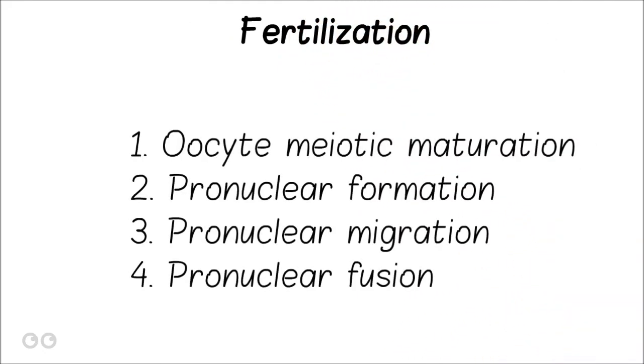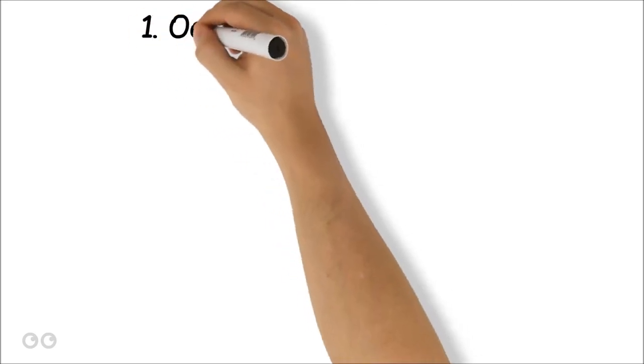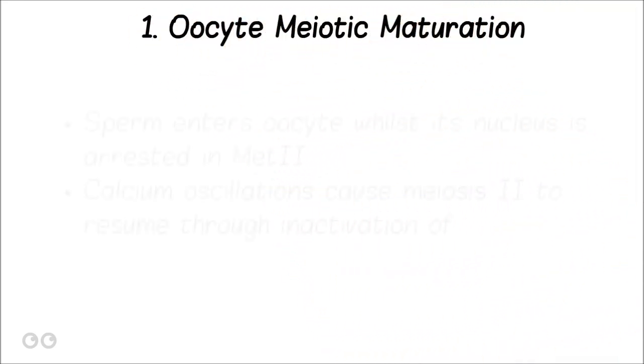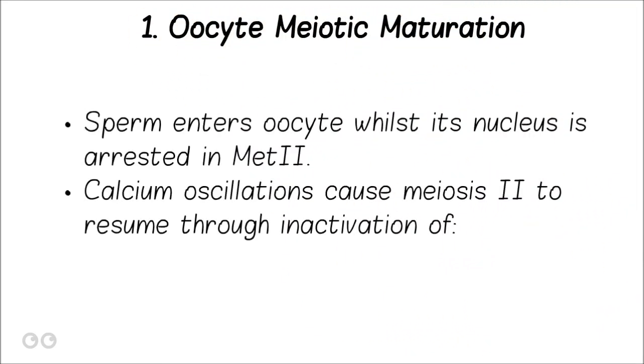The process of fertilization can be divided into the following 4 steps. 1. Oocyte meiotic maturation. 2. Pronuclear formation. 3. Pronuclear migration. And 4. Pronuclear fusion. The mammalian sperm enters the oocyte while its nucleus is arrested in metaphase of the second meiotic division, or Met2.